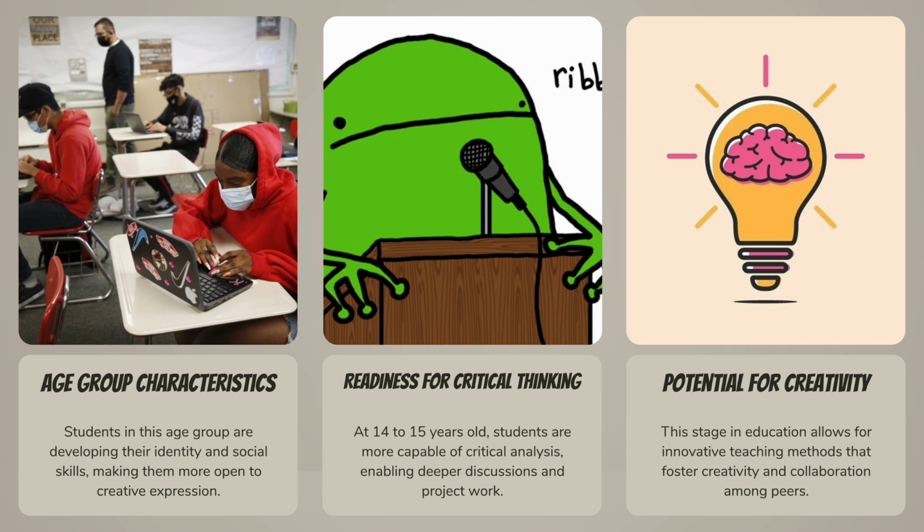Moreover, they're more ready for critical thinking at that age, and so hip hop I think is perfect for that. And they have a lot of potential for creativity. So the activities are not only focused on learning about the history and culture of hip hop, but also they're centered around creating a hip hop and creating rap.